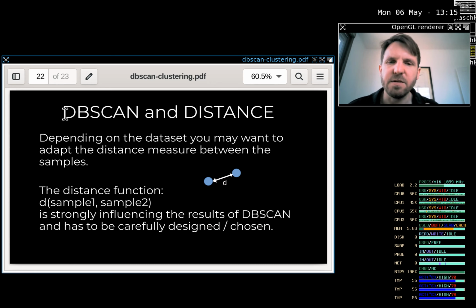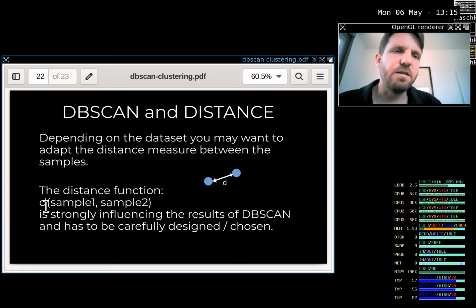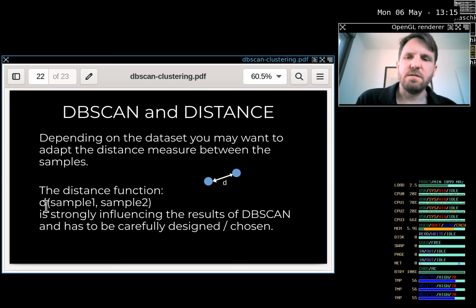DBSCAN and distance. So as I said, the distance is of course very important. You can use basically an arbitrary distance function. You just have to make sure that this is metrically reasonable. So one easy check is whether this d satisfies the triangle inequality or things like these. I'm not going into details.